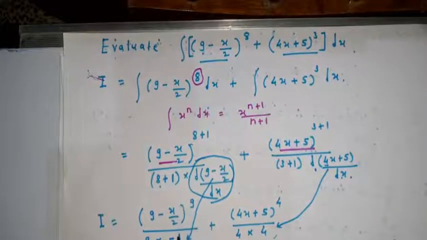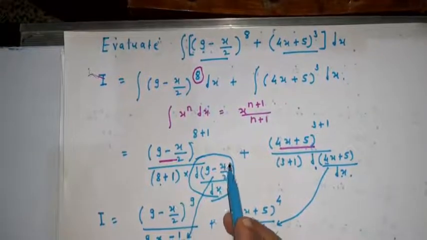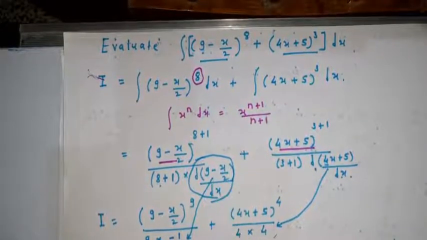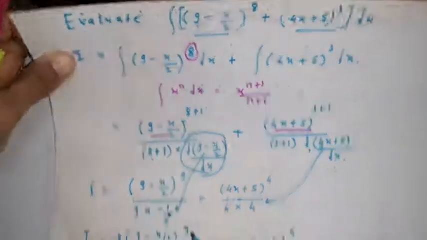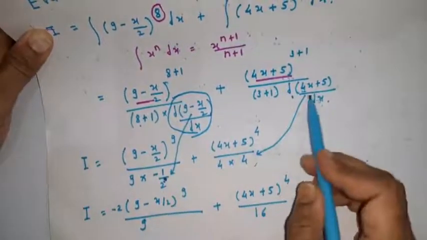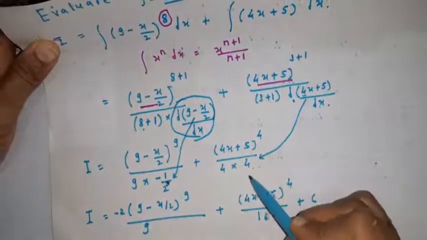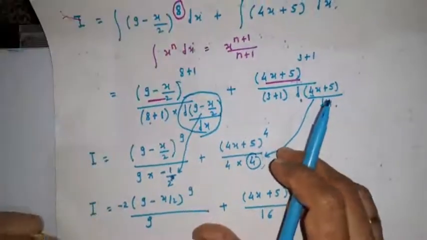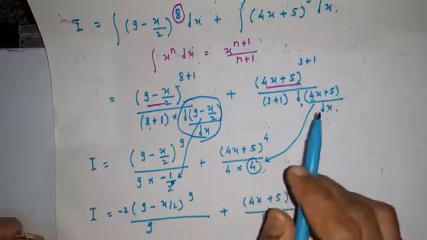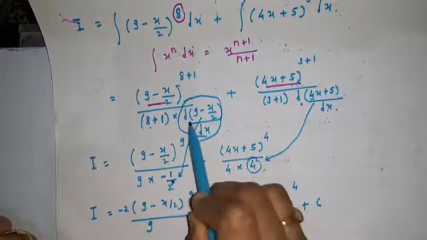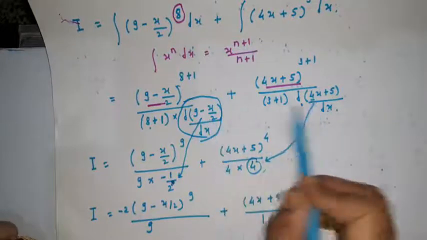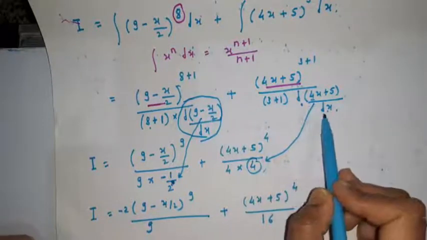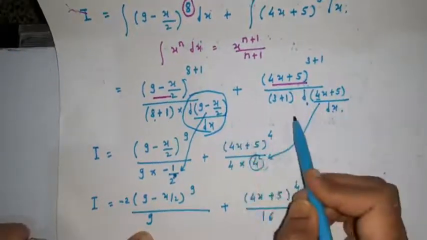Here we found the differentiation is minus 1 by 2 and we divide by it. The differentiation is 4 and we have divided by it. In this way, you have to find it. Okay, students, it is not necessary to write all these things; only for explanation, I have written them.